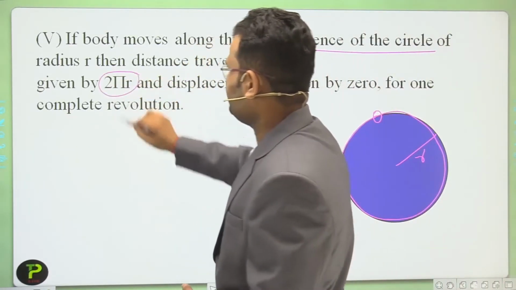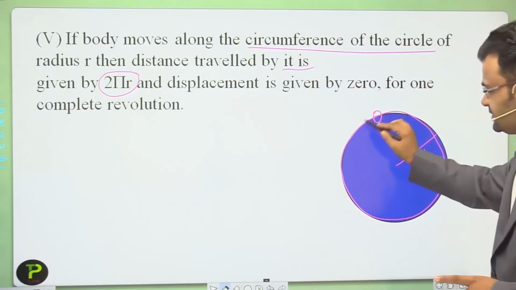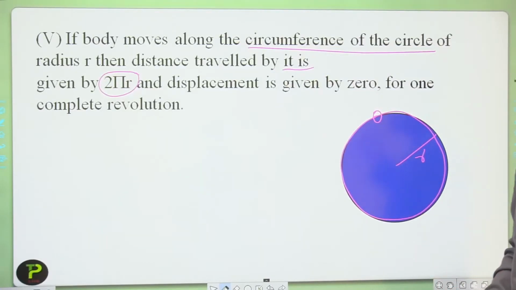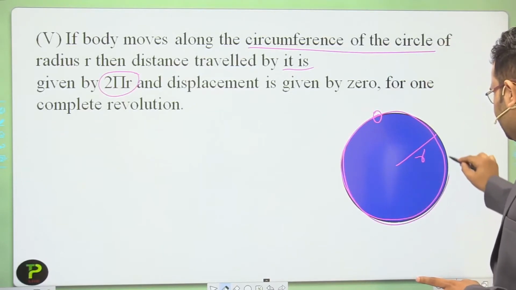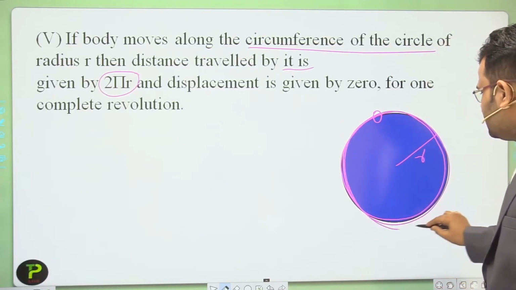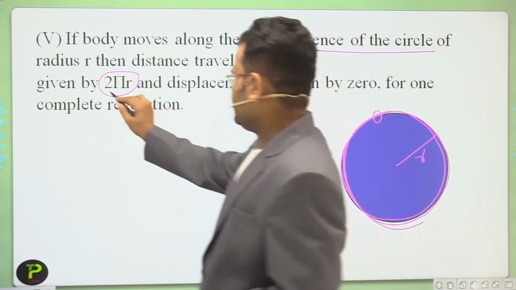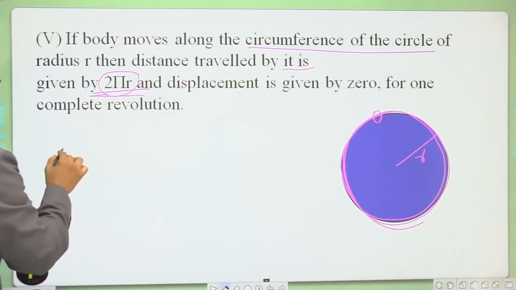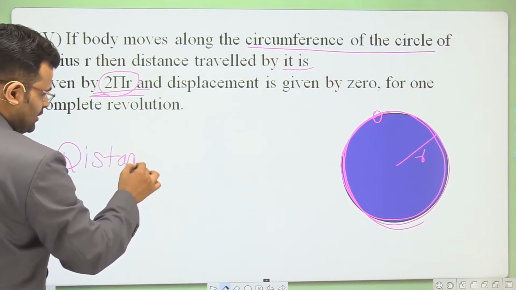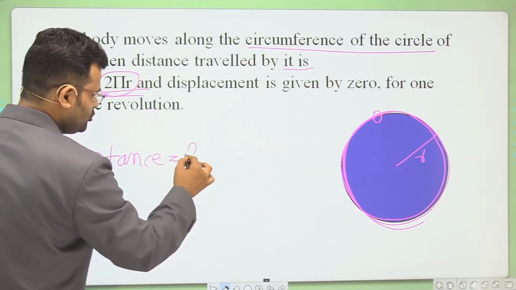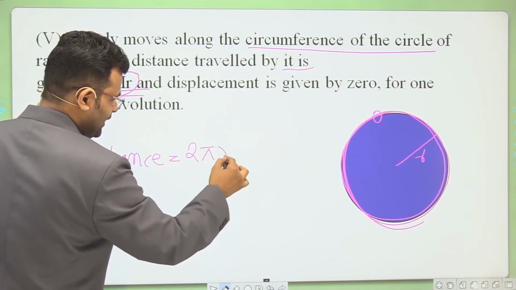If the body covers one complete circle of that path, that is the circumference of the circle, so we can say the distance in that case is 2 pi r.